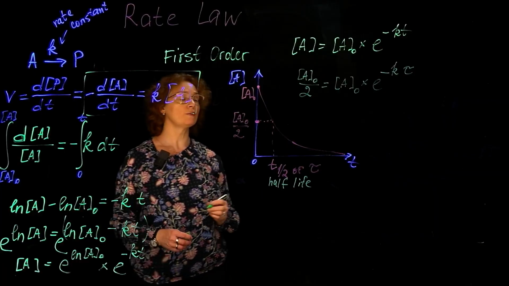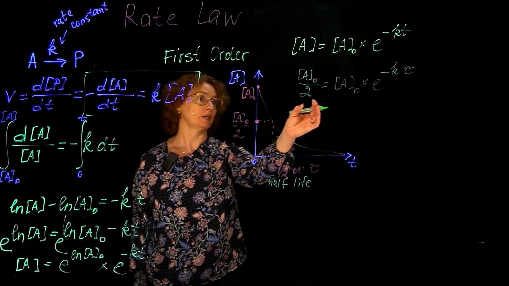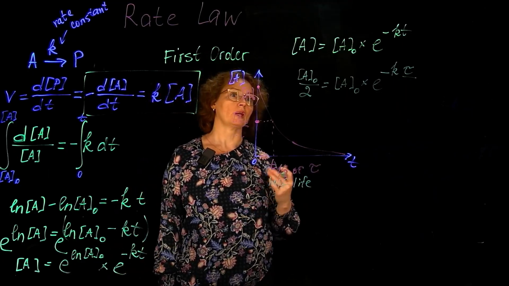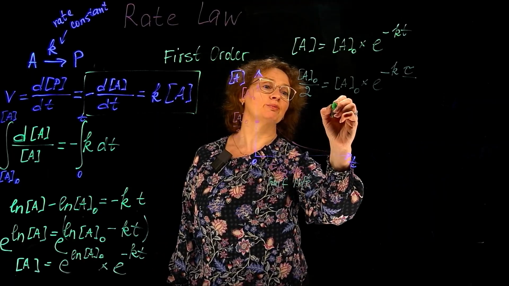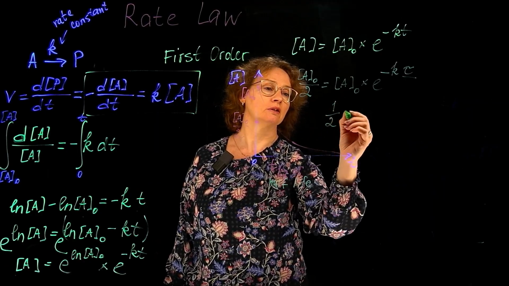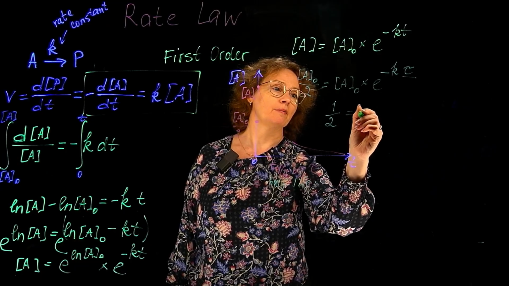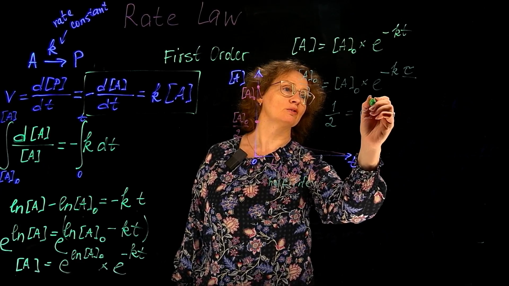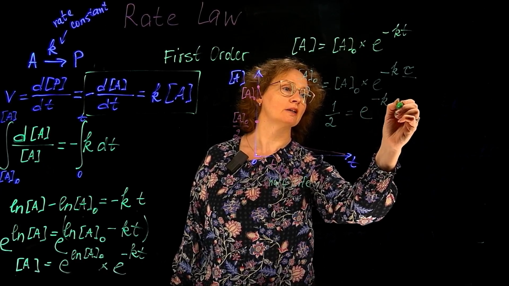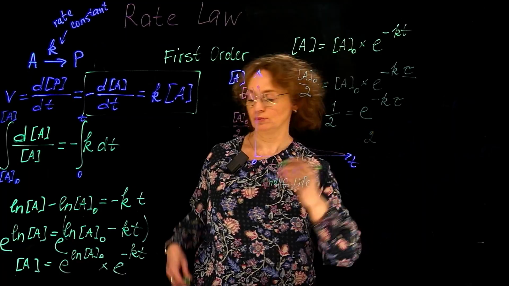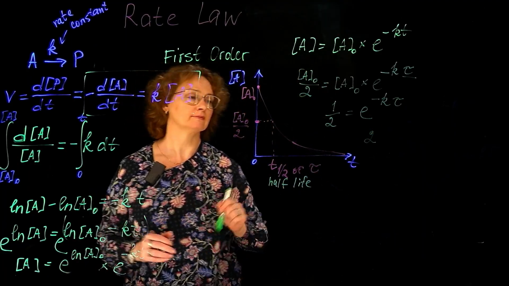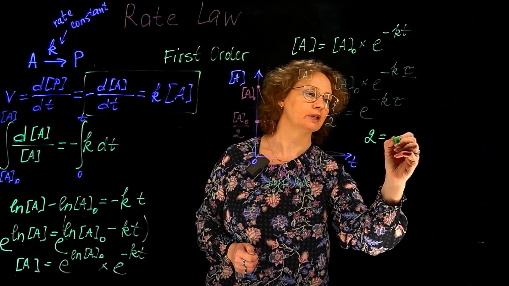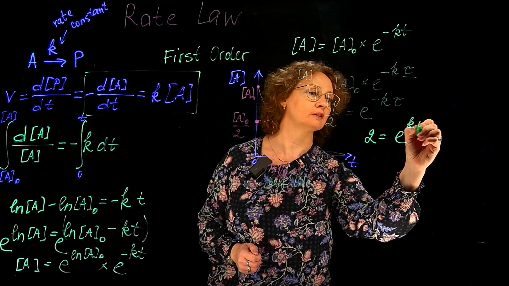And we can solve this equation for tau, the unknown. The concentration ratio would be equal to 1/2, and on the right part of the equation will be e to the power of minus k tau, or 2 equal to e to the power of k tau.